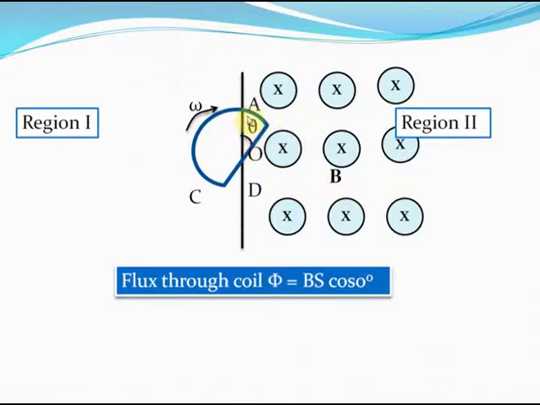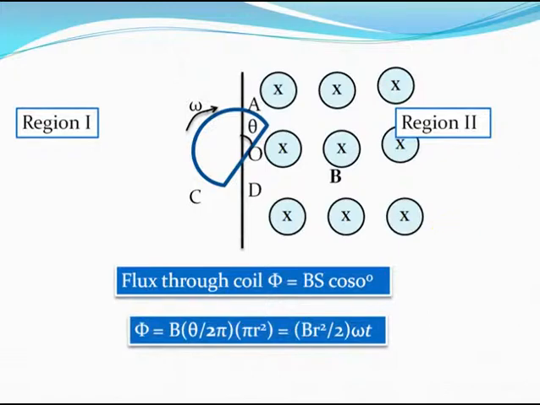The area of the loop which is present in the magnetic field keeps on changing as the loop keeps entering the magnetic field. Now the flux through the coil is B S cos 0 degrees. The angle between the area vector and the magnetic field vector is 0 degrees. So the flux through the coil is B S cos 0 degrees.